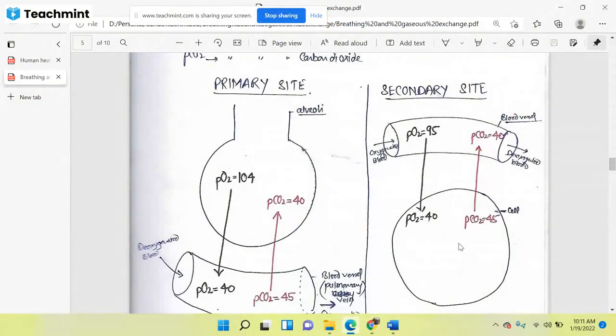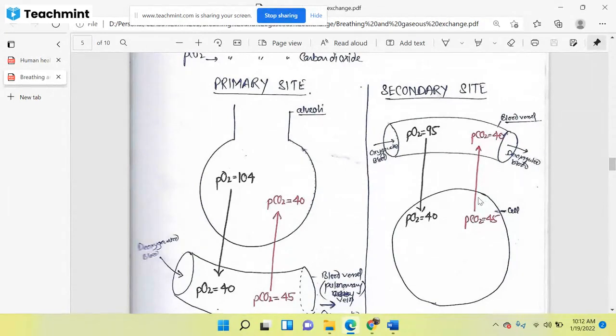And you know what happens here? Due to cellular respiration, the food will be oxidized, and the oxidized food will produce ATP, and as a result, carbon dioxide will be produced. So here, in this cell, consumption of oxygen takes place and production of carbon dioxide takes place. Okay.